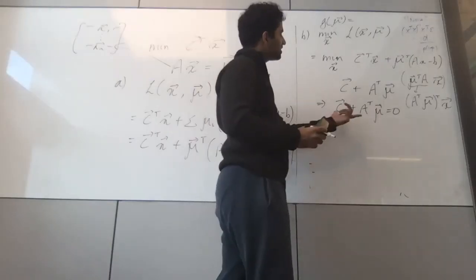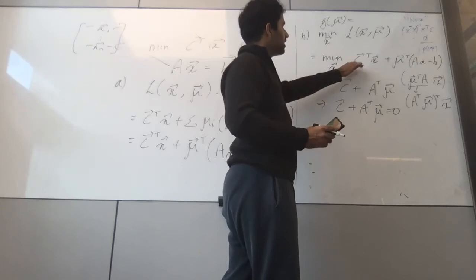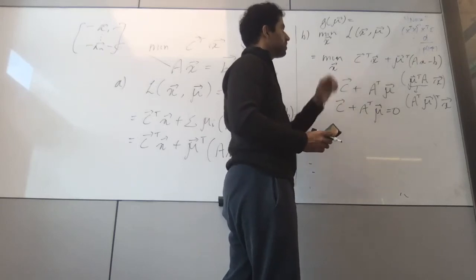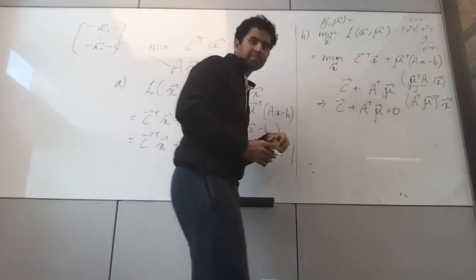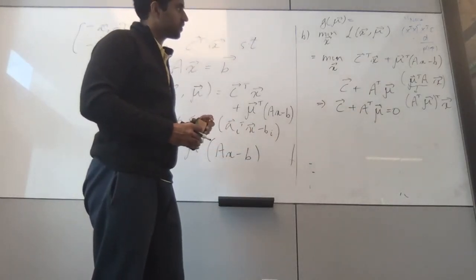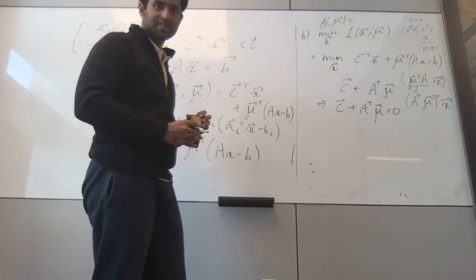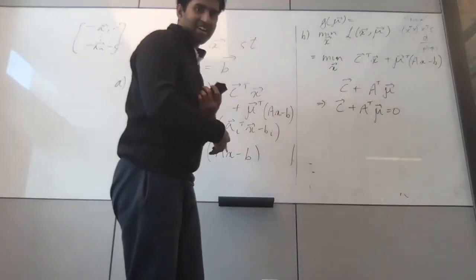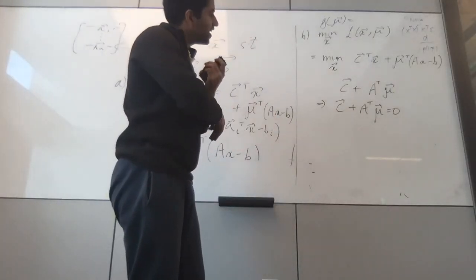That means that unless this happens, the value of this minimization problem is negative infinity. Does that make sense? Yeah. Okay. But then that's not helpful. Oh, this is helpful in defining your dual program.